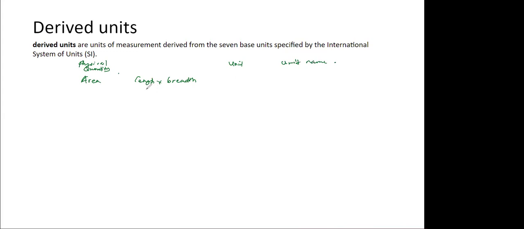Here length is measured in meters and breadth is also measured in meters. Therefore, the unit is meter into meter, meter squared. So we write square meter or meter squared.